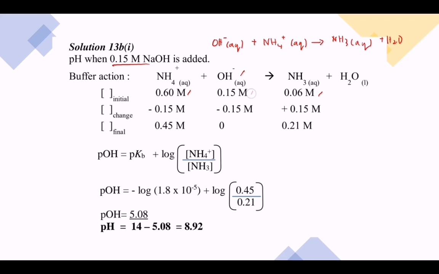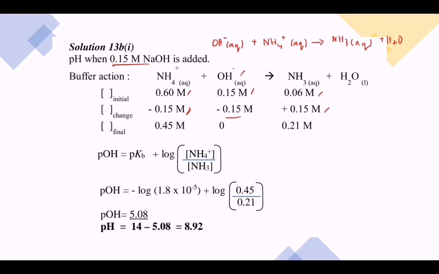molar of NaOH. Okay, so kita akan tolakkan dengan 0.15 molar sebab untuk buffer solution, the strong acid and strong base added into the solution akan eliminate completely. So tolak dengan 0.15 molar. So do the same thing for NH4+ because reactant always decreases and product will always increase, by the number of mol yang kita nak hapuskan tu tadilah.